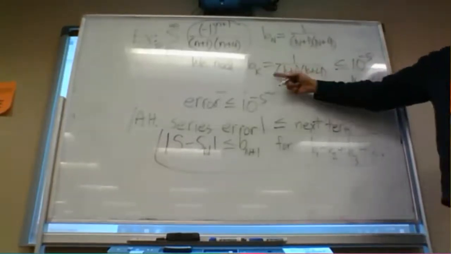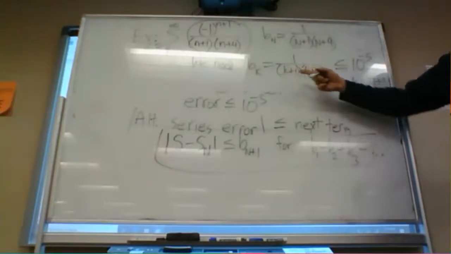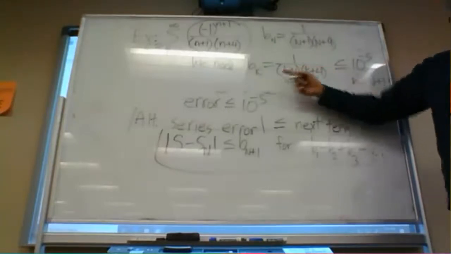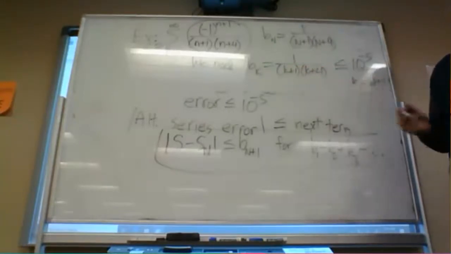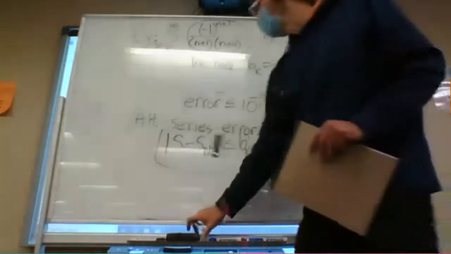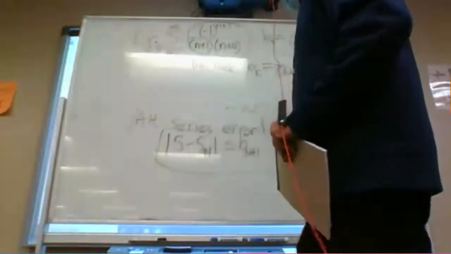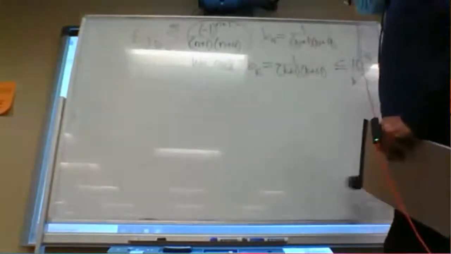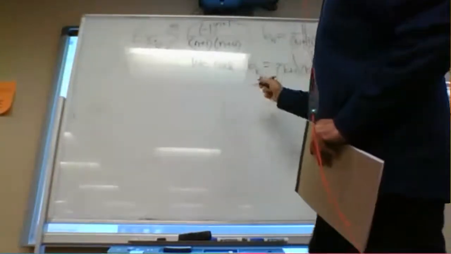So we've added up the first n terms, and then the n plus first term is Bk, or Bn plus 1. The only reason I write Bk instead of Bn plus 1 is so I have less writing. So suppose we want the next term, Bk, to be less than or equal to 10 to the minus 5. How do we achieve that? We can do it as follows.